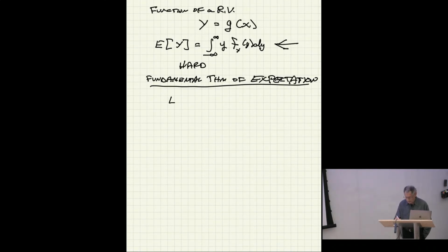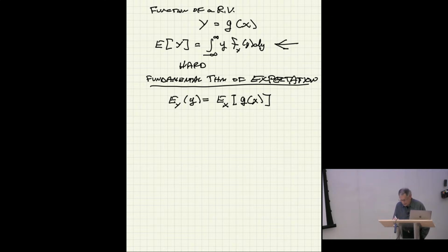It says the expected value for the random variable y, I'll write it that way for the moment, is equal to the expected value with respect to x of g of x. Now what is that?